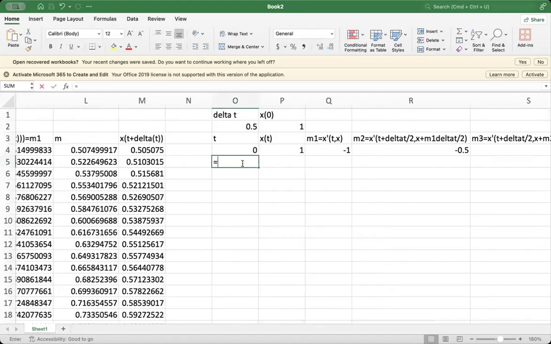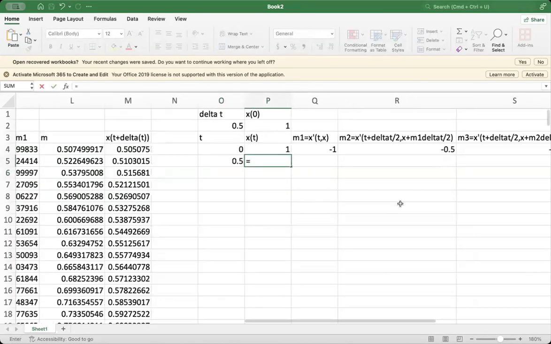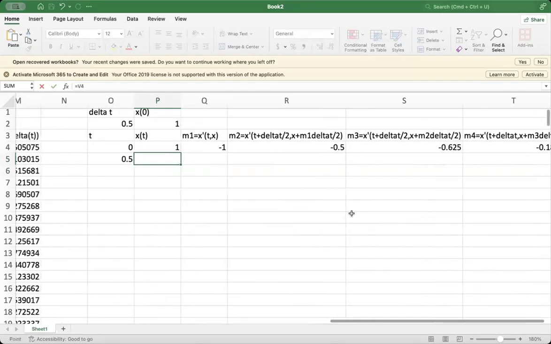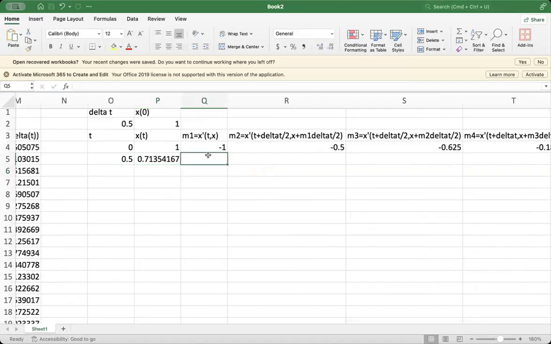What's this one going to be? This one's going to be equal to that one plus that guy. Again, we want to put that in dollar signs because the delta t is not changing. What's this new x value? This is where the Excel comes in. We're going to make it equal to that cell. That goes there. Now this formula, I believe we can just drag down and it should be fine because it's just the difference of those two.